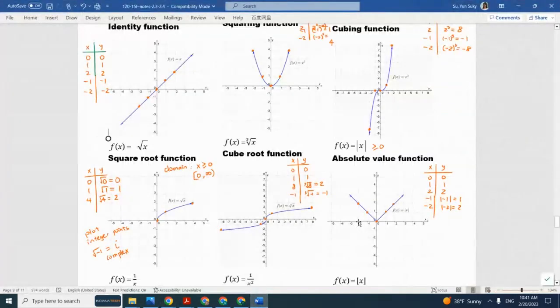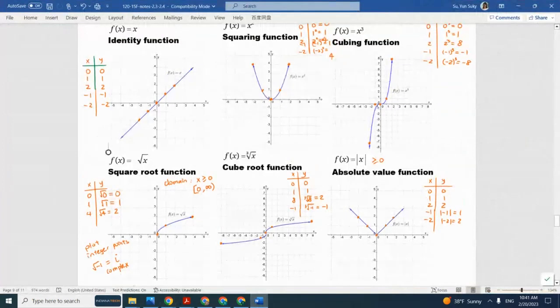Okay, so that is the library of functions. Everybody close your eyes. And when I say the function, you move your hands. Absolute value of x. Yes. X squared. Like a U shape.